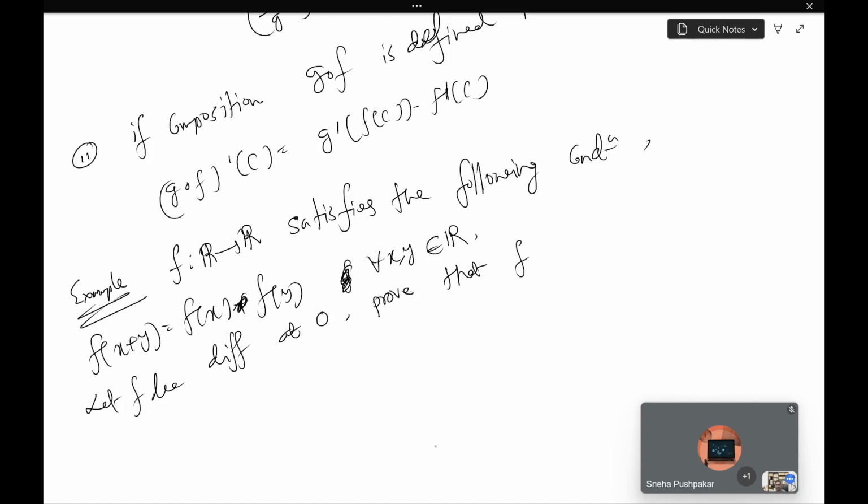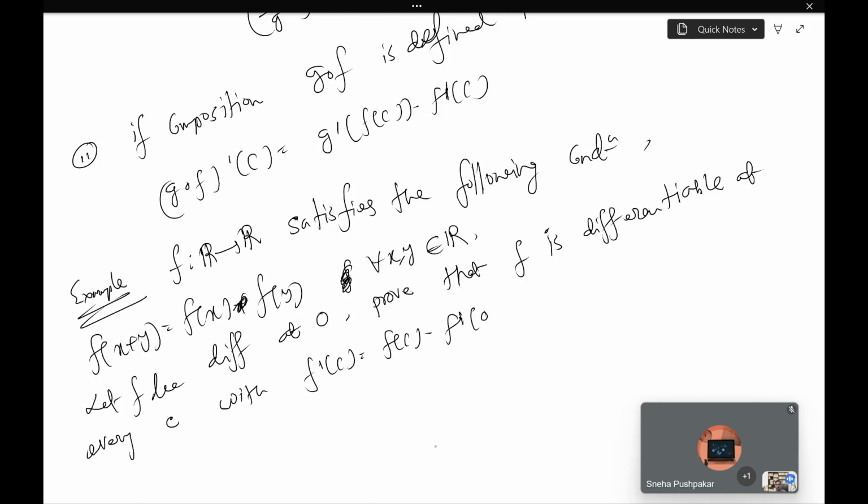Then f is differentiable at every c with f dash c equal to f(c) times f dash 0.